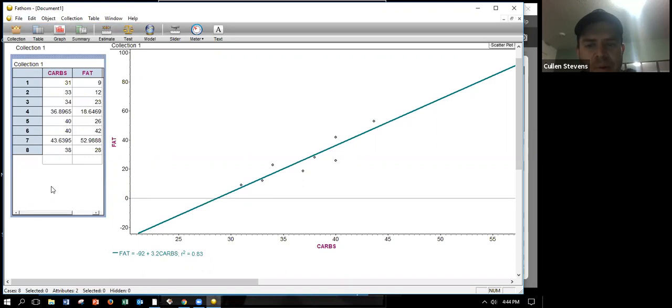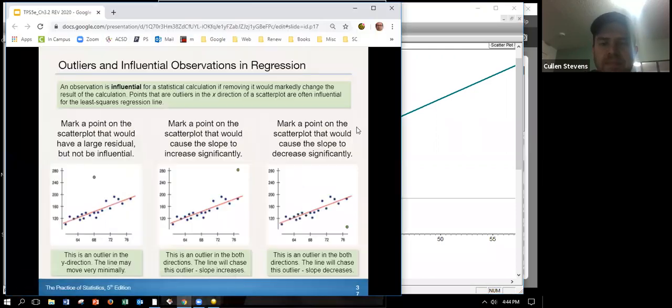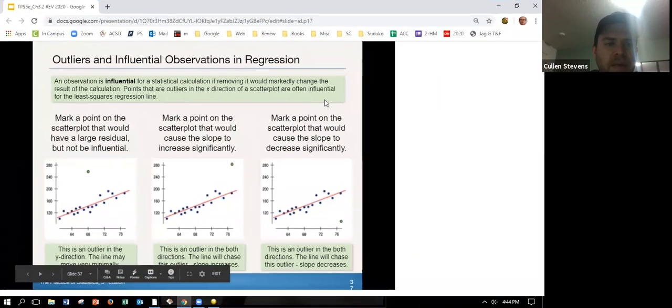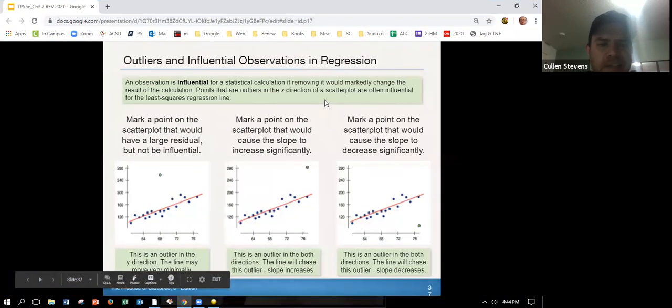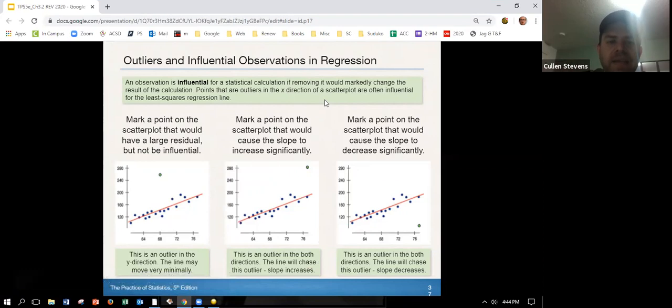Because removing that point didn't really change that, that point is not seen as influential. So again, an influential point, right, is a point that would markedly change the result of the calculation if I were to remove it.